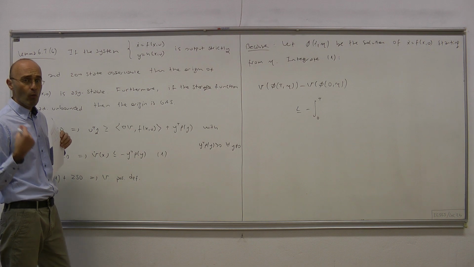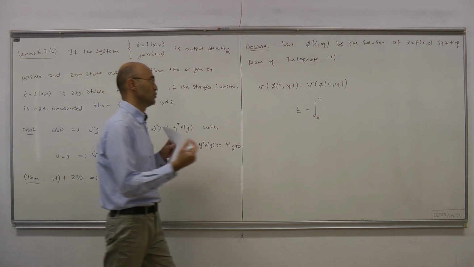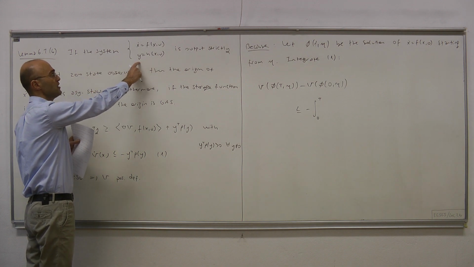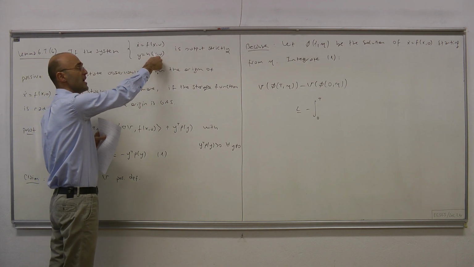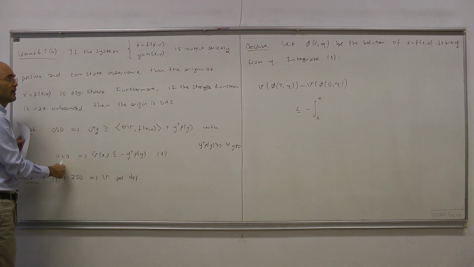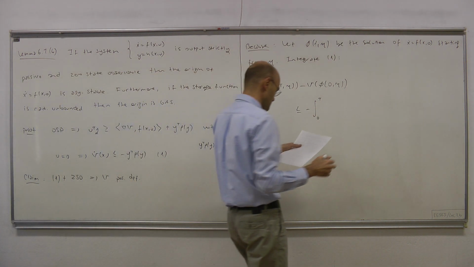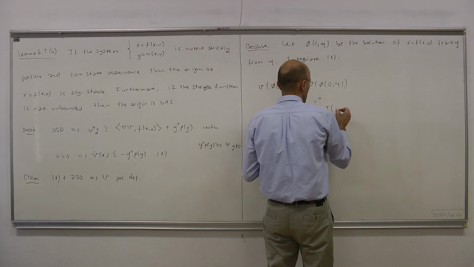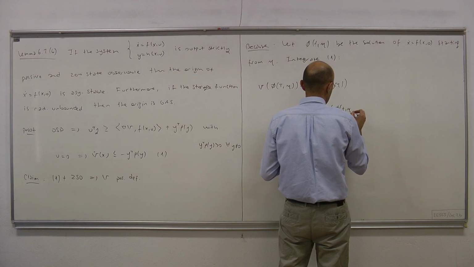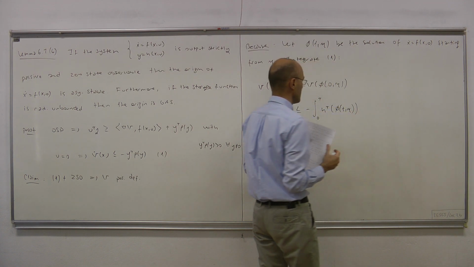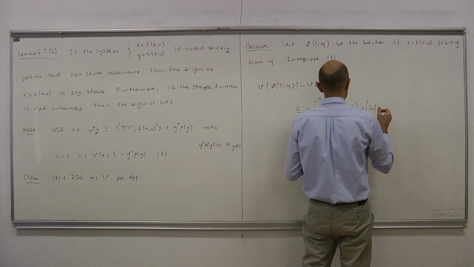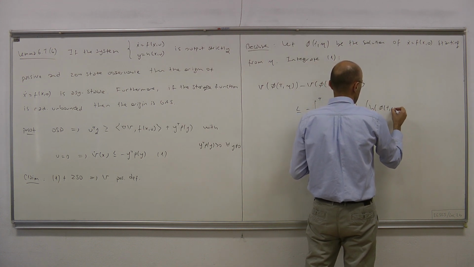Now what's y of t in terms of the solution phi? Y of t equals h of phi of t, eta, comma, u of t, but u is 0. So therefore what we have here is h transpose of phi t, eta times rho of h of phi t, eta.